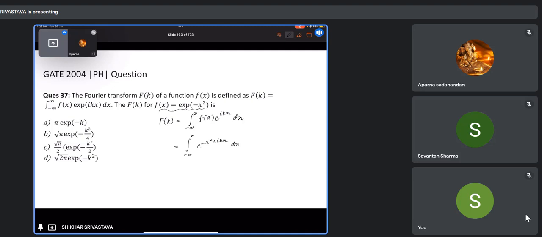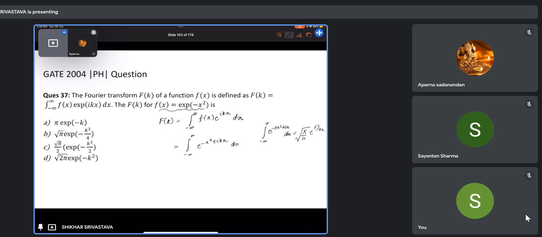And in the question they have given this hint. In the GATE exam generally when they see that there is some complex long integral, they give a hint. So in this question they have given in the hint that this form of integral is given by root pi by a times exponential b square upon 4a.